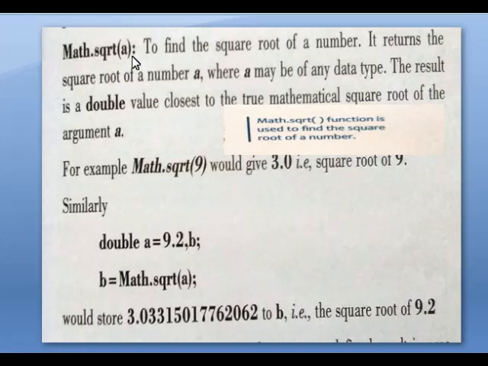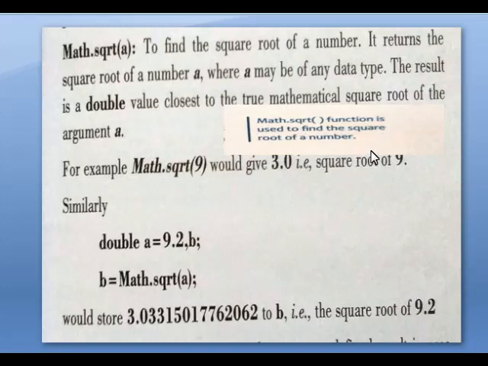It returns the square root of a number a, where a may be any data type. The result is a double value closest to the true mathematical square root of the argument a. Argument means the variable that is inside the bracket. So here you see the Math.sqrt function is used to find the square root of a number.